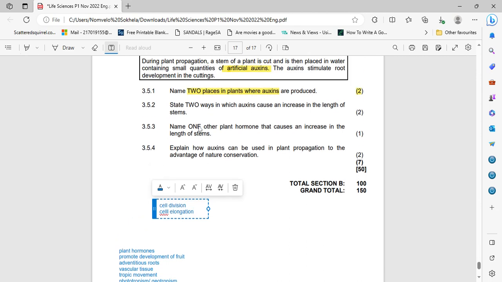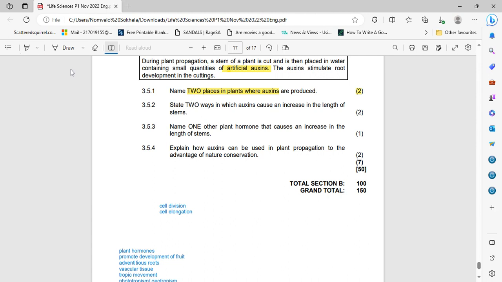So state two ways in which auxins increase the length of the stems. It's through cell division, because as the cells divide, the longer the stem is going to become and the longer the stem is going to grow. Cell elongation, as the cells become longer, the length of the stem is also going to become longer.